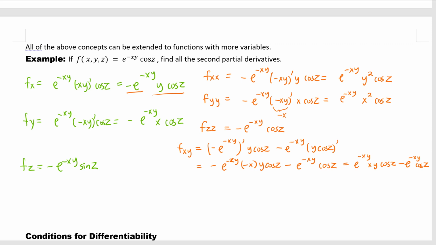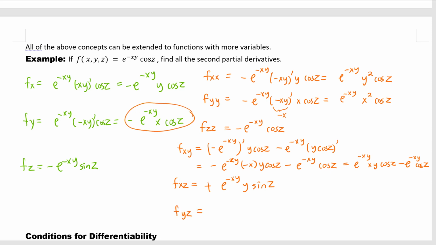Yes. So far so good, everybody? All right, let's continue. fxz, we take the derivative of this with respect to z, then minus e to the minus xy, y, they're just constant. The derivative of cosine is negative sine z. So far so good.